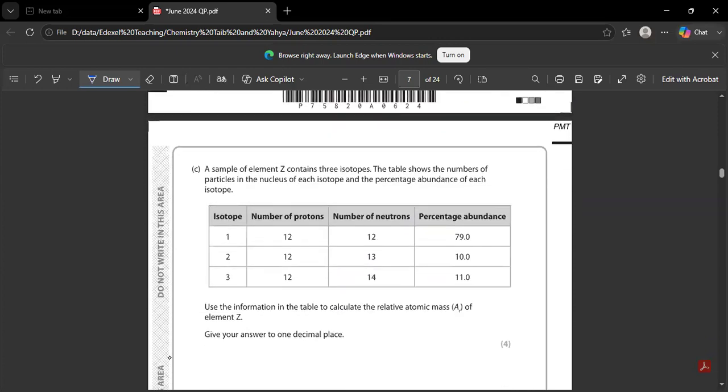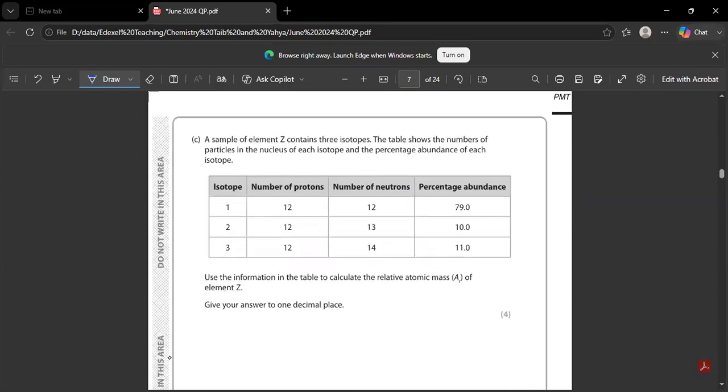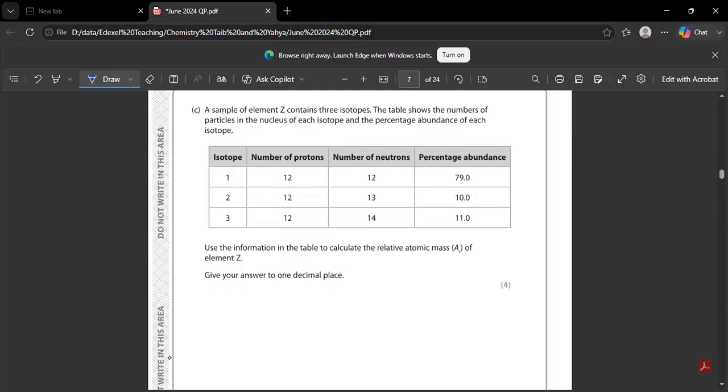All right. So a sample of element Z contains three isotopes. The table shows the number of particles in the nucleus of each isotope and the percentage abundance of each isotope, right? If you look at the percentage abundances of the first, second, and third isotopes, you see 79.0, 10.0, and 11.0, right?